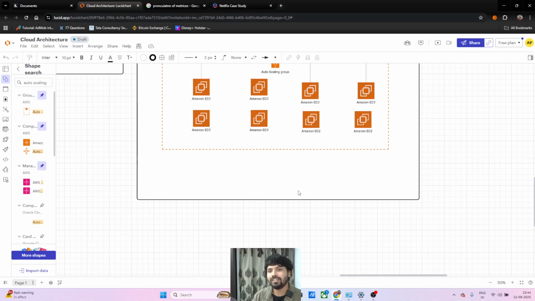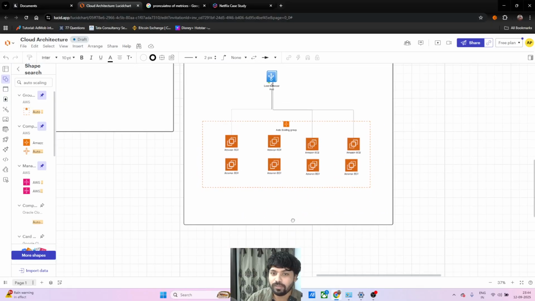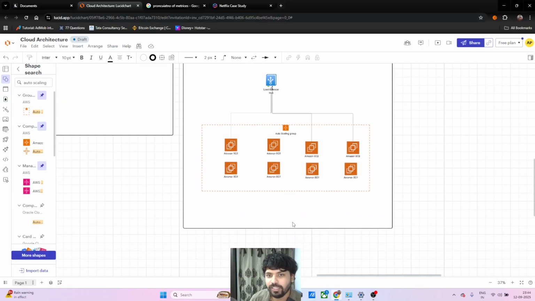Otherwise, you have just increased the servers to 4, and now you again see the CPU utilization is still very high, so the autoscaling group will again add one more instance. So you need to give some time to your infrastructure to stabilize for a little while, and you can set the cooldown period to maybe 5 minutes. That is recommended by AWS. At least give it 5 minutes to stabilize.